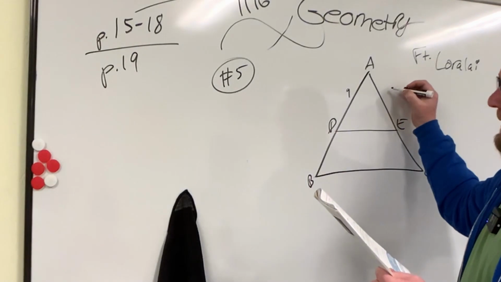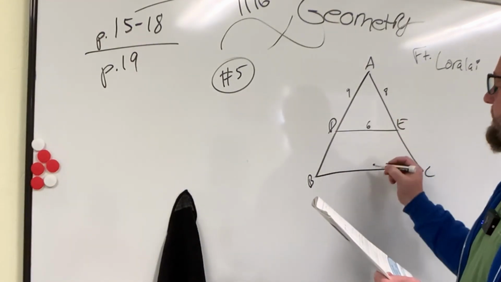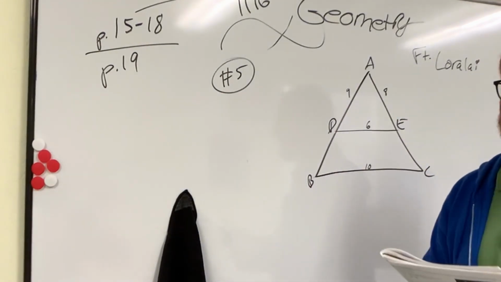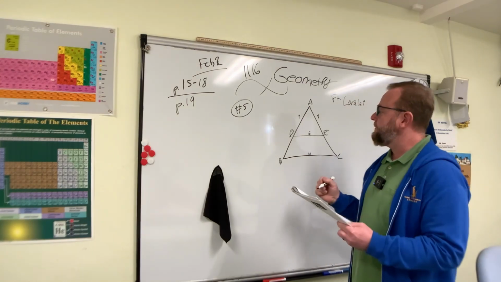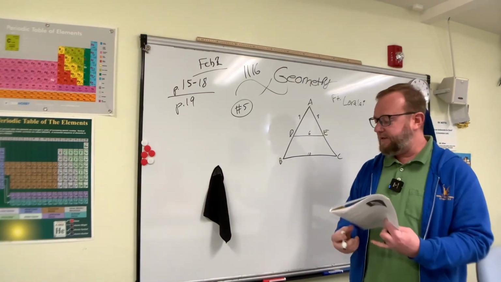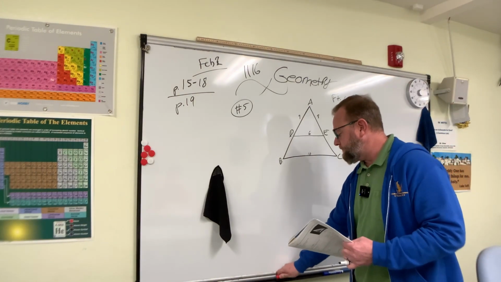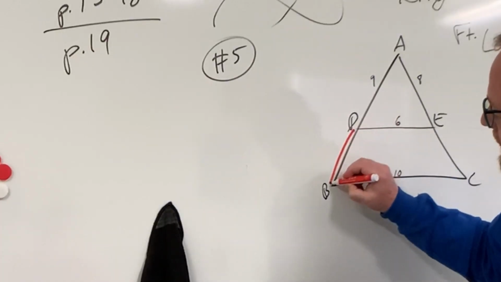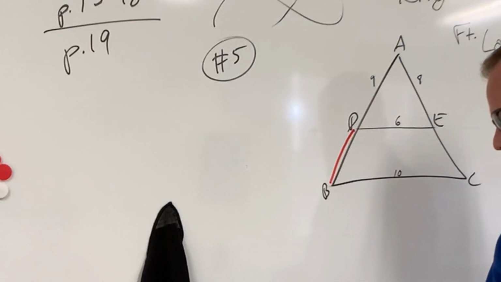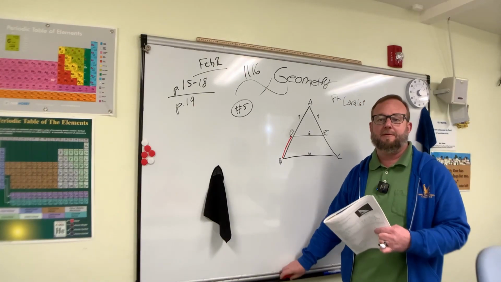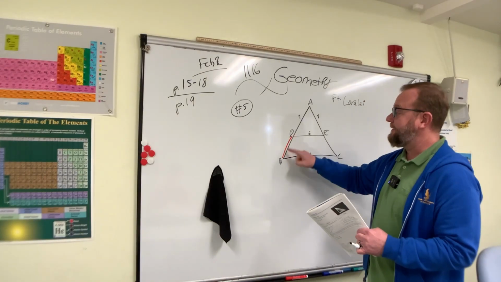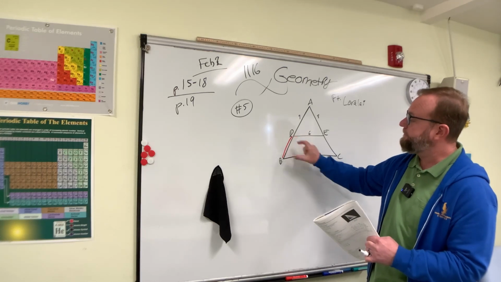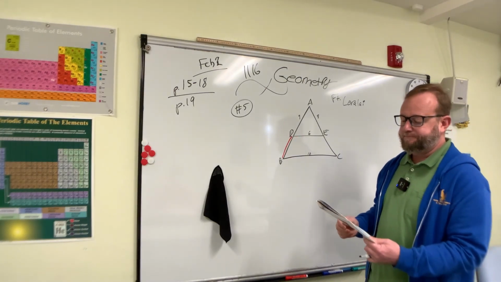There's a 9, an 8, a 6, and a 10. The first thing I want you to find is DB. Where's DB? DB is right here. So right here is DB, that little section with the red mark next to it.